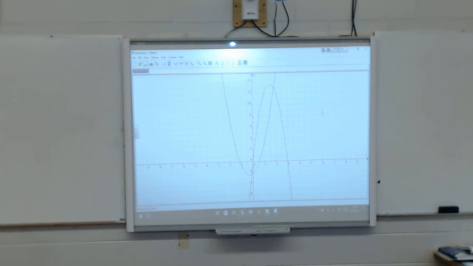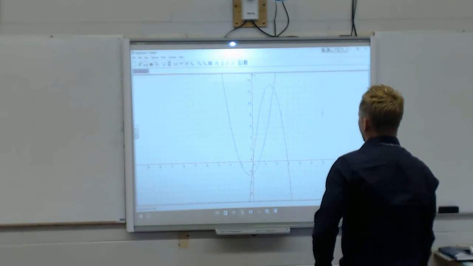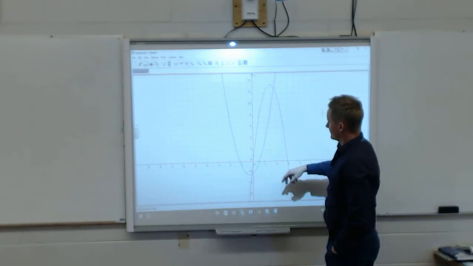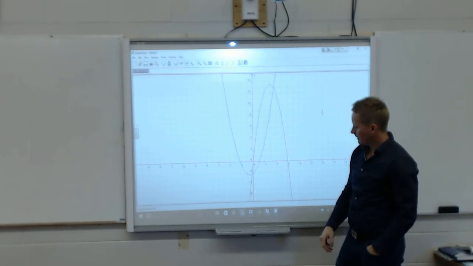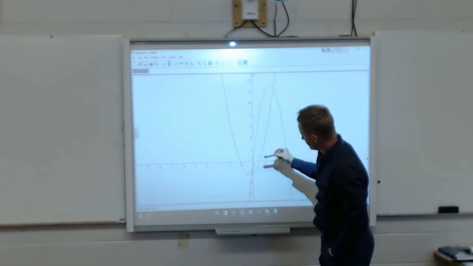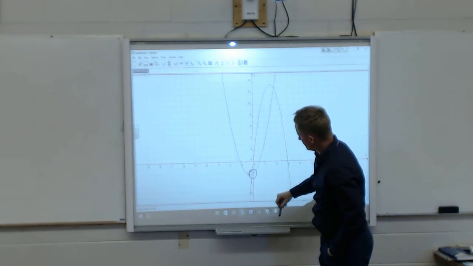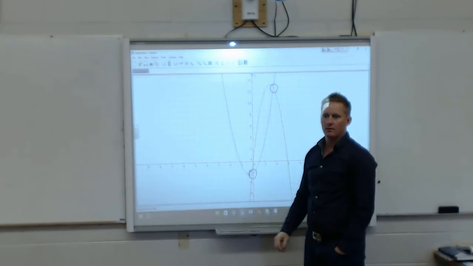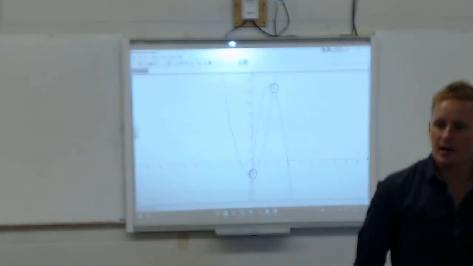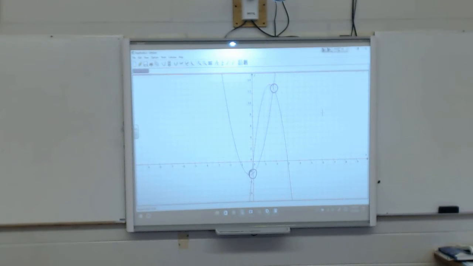Okay, so I have two parabolas. First parabola is right here, opens up. Second parabola is this guy that opens down. And now I would want to find that point right there and that point right there. Okay, so on your calculator you would use your second function trace and calculate.